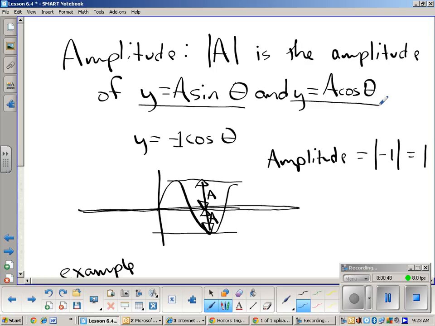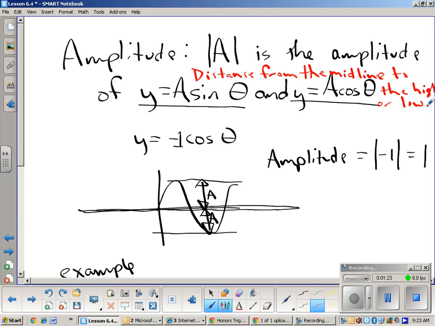And probably should put in here, the distance from the midline to the high or low.